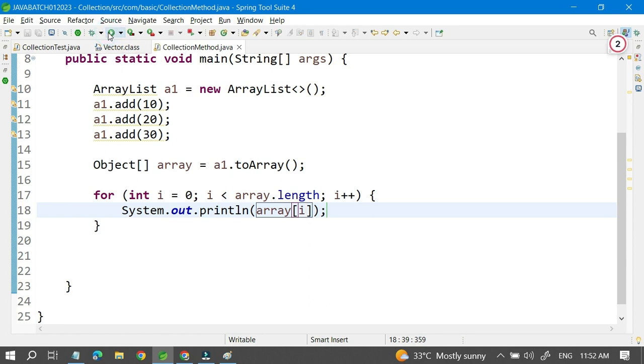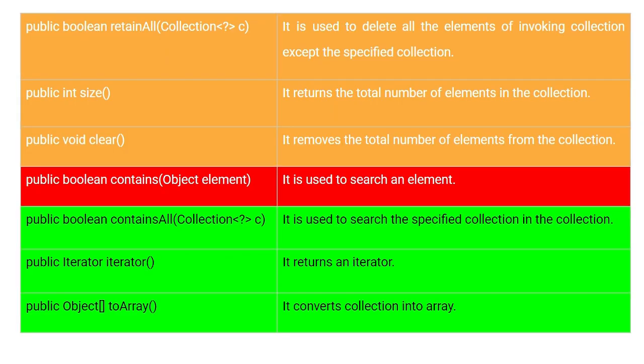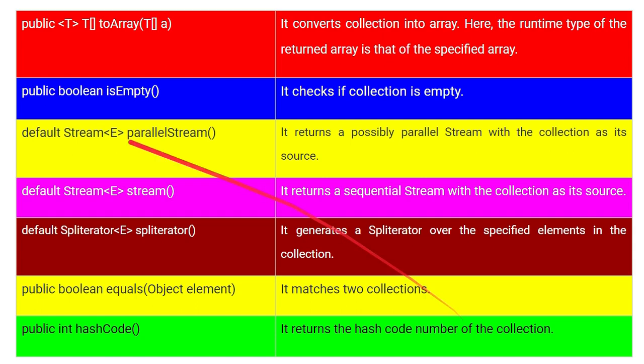So this is the power of toArray. I hope you understood. We have one collection, which is an ArrayList, and we have converted it to an array. Now, toArray we have already seen. Here the runtime type of the returned array is that of the specified array, so it will return whatever array you have given. We can discuss those later.